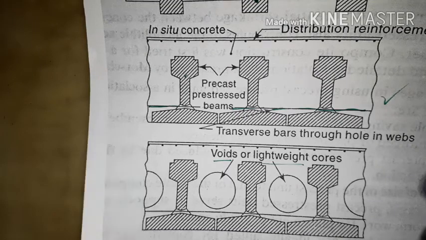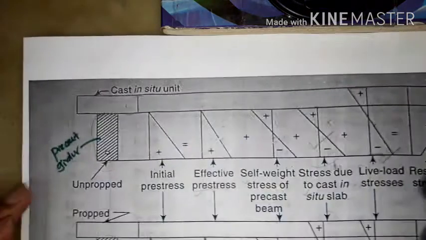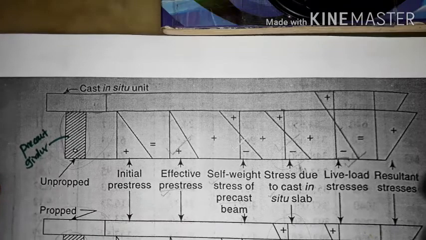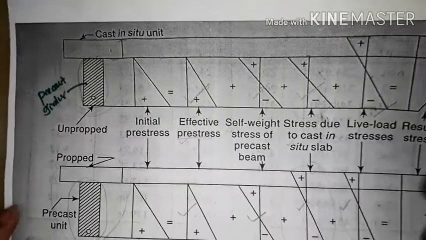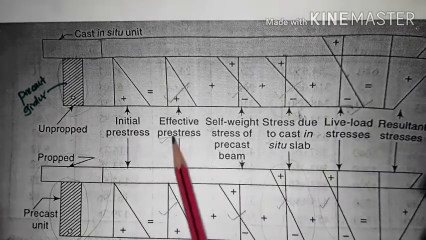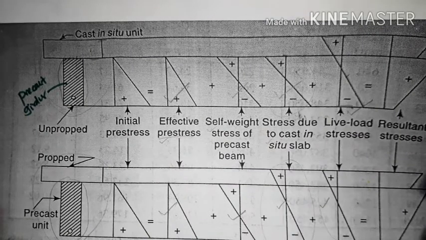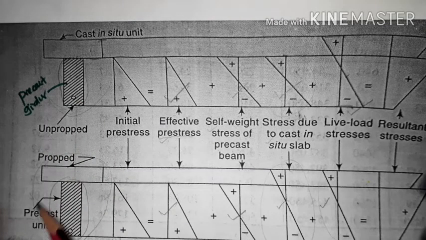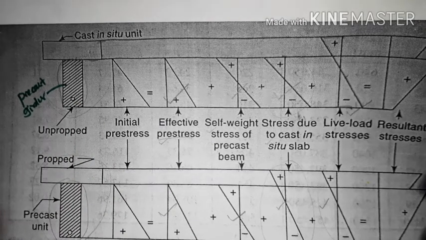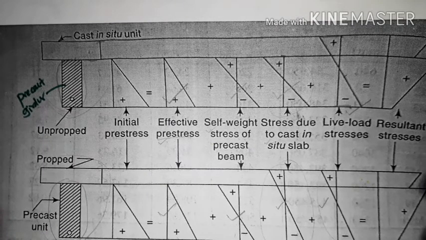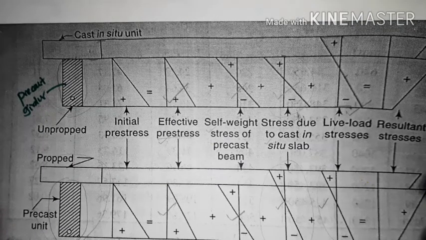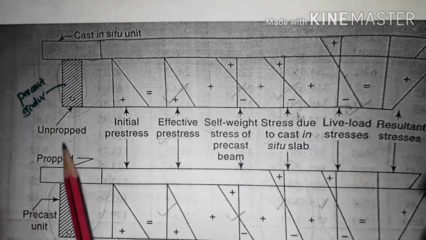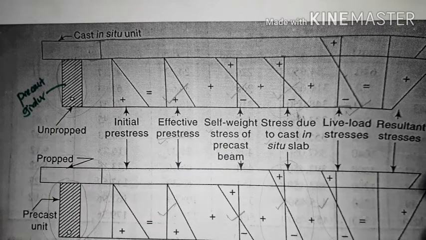Then we discussed the stress behavior in the propped and unpropped condition: how the stresses develop in the concrete in the propped condition and in the unpropped condition, and what is the change in behavior or stress calculation between unpropped and propped conditions.